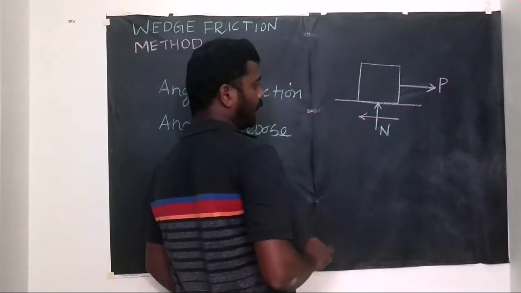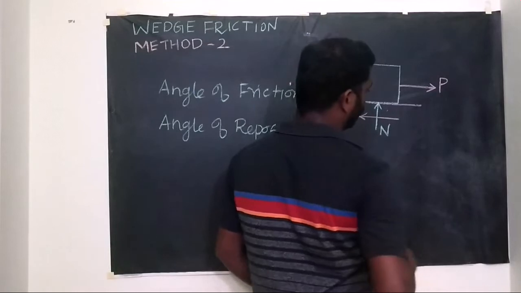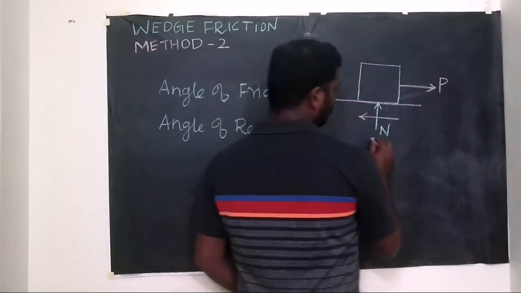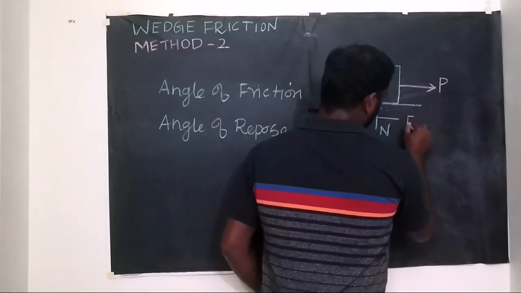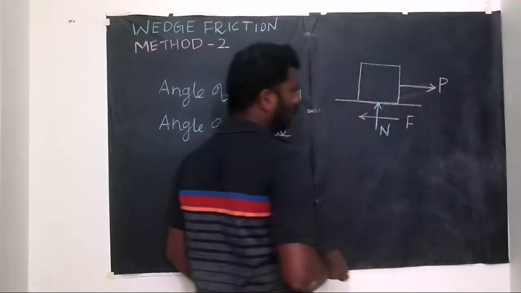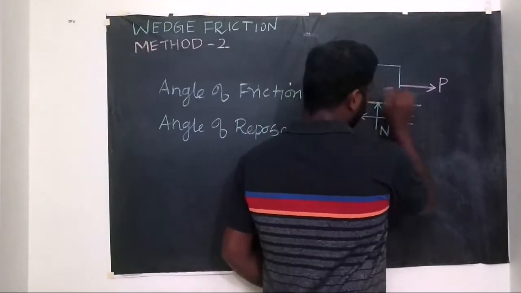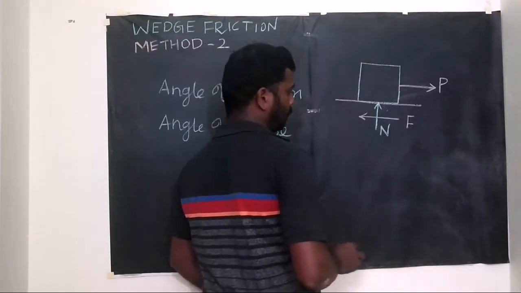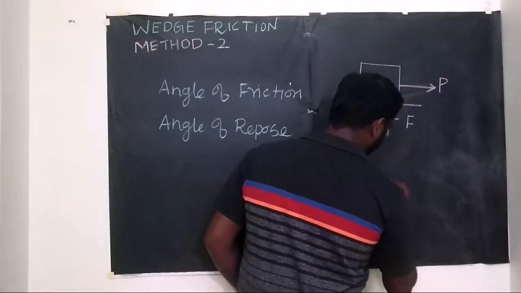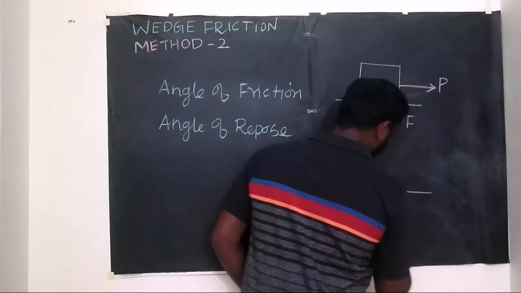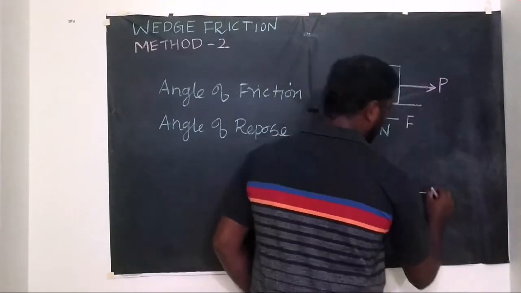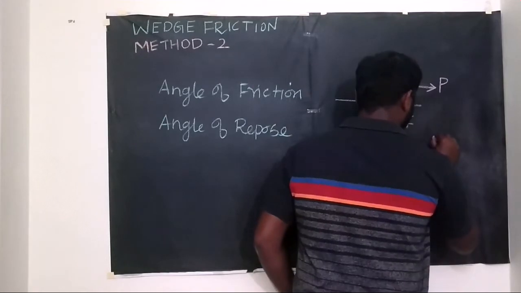Now I am going to take these two reactive forces. This limiting friction force and the normal reaction force are called reactive forces. Taking these two reactive forces separately, this is my limiting friction force F, and this is my normal reaction force N.